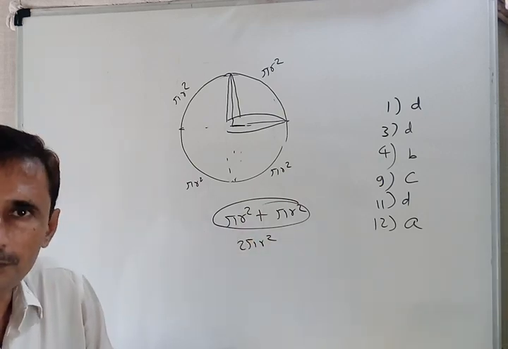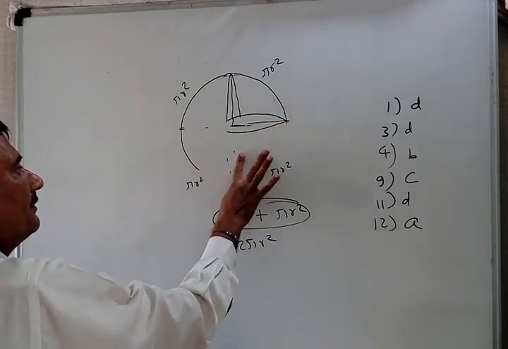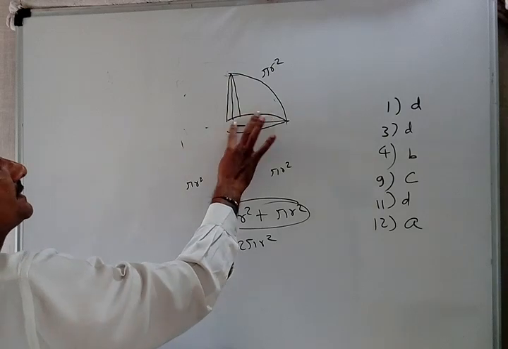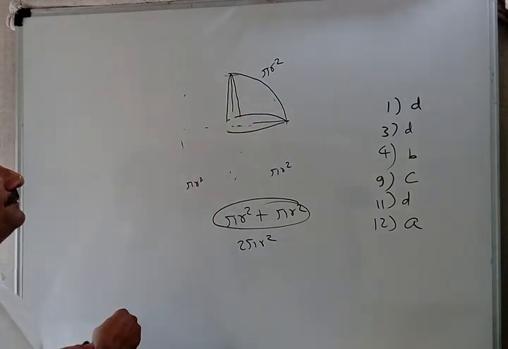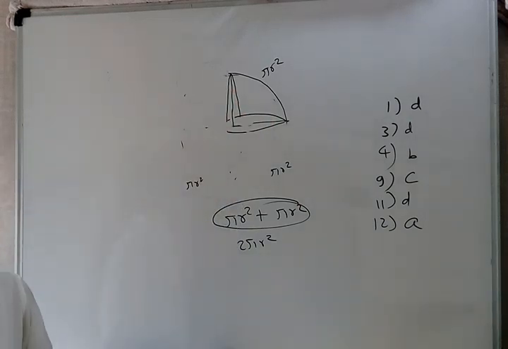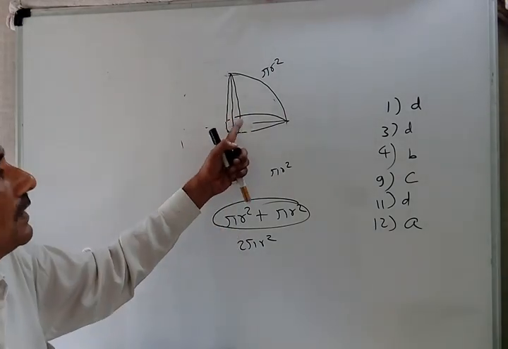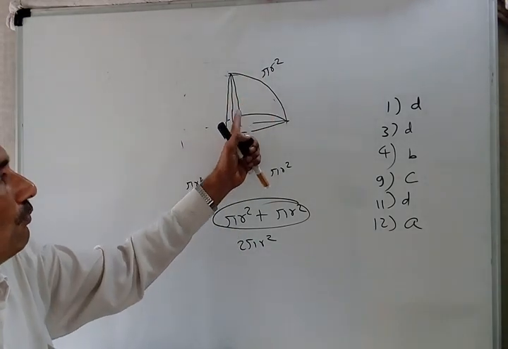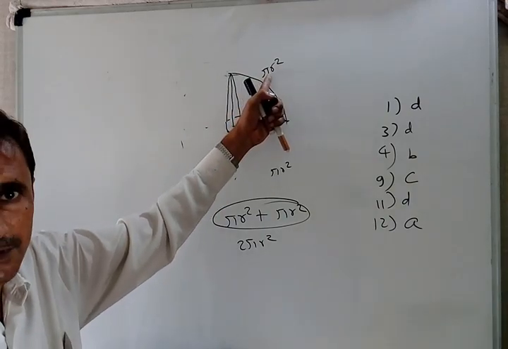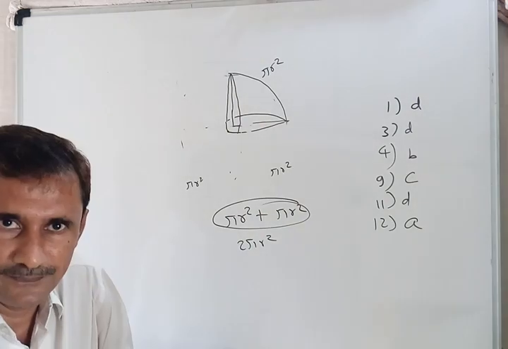Again I repeat: if you divide the whole sphere into four parts, then it will be like this. Both these semicircles get added to the curved surface area. Now curved surface area is pi r square, why? Fourth part of 4 pi r square.